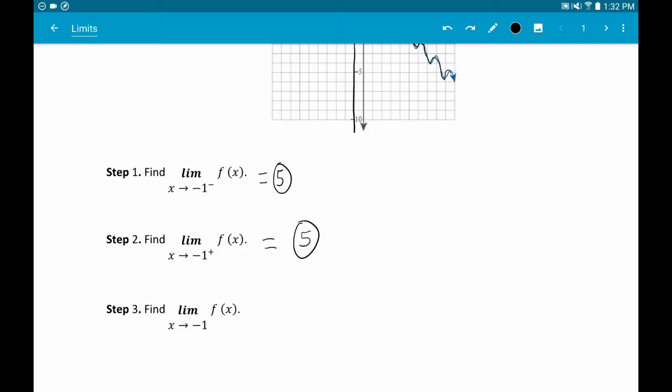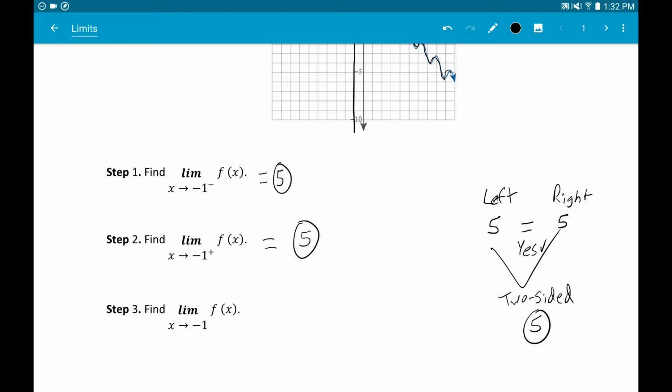Basically all you've got to do is ask yourself, the left-sided limit was 5, the right-sided limit was 5, do they equal each other? Well, yes, they do equal each other, so automatically the two-sided limit is going to be 5. Anytime the left and the right are exactly the same, the two-sided limit is also the same.